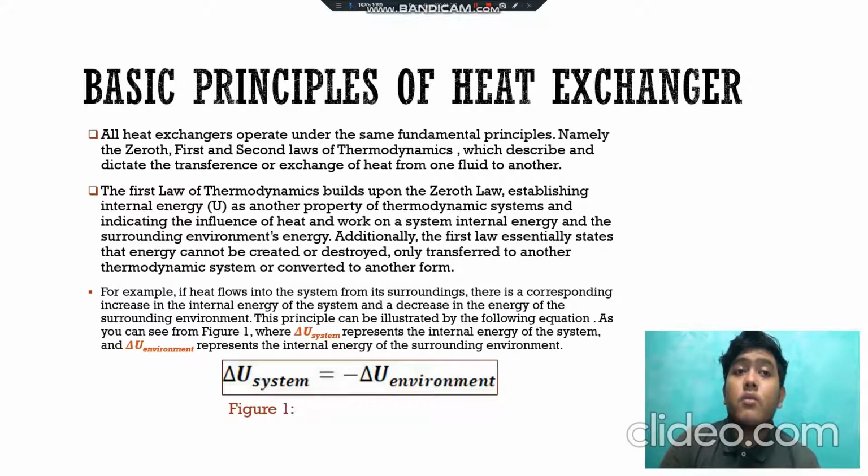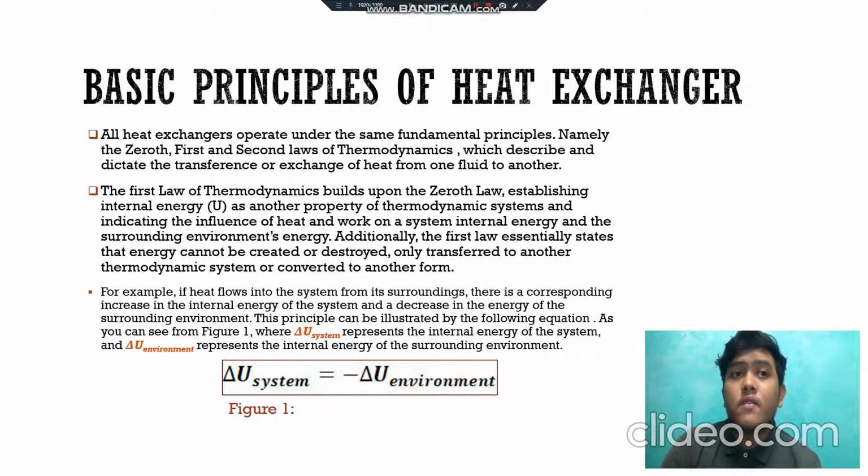Secondly, I'm going to talk about the principle of heat exchanger. Heat exchangers operate under the same fundamental principles, namely the zeroth, first and second laws of thermodynamics, which describe and dictate the transference or exchange of heat from one fluid to another.